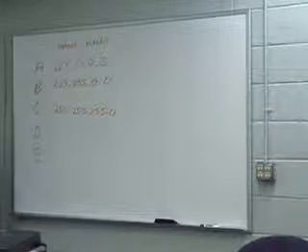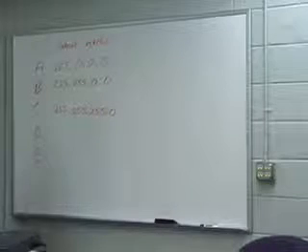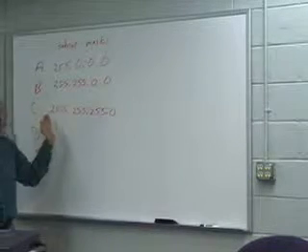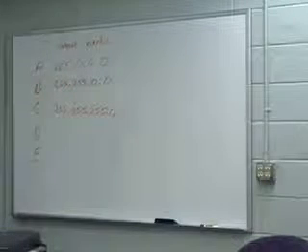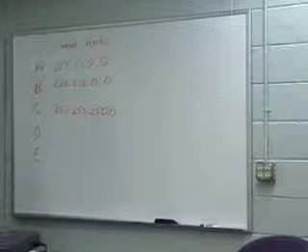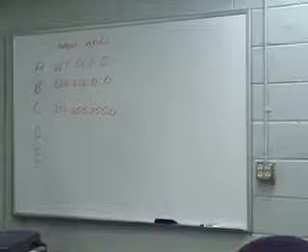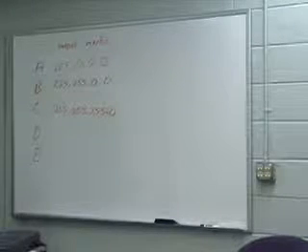Now, what we have said here is everywhere there is a binary 1 is the network portion of the address. Everywhere there's a binary 0 is the host portion.